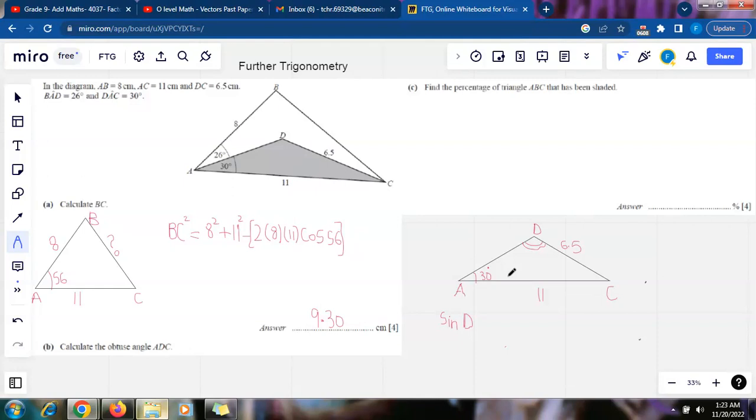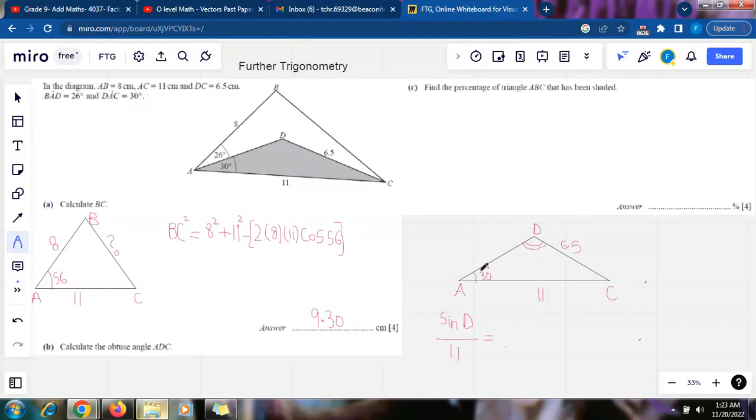So I will start off with the formula. The formula says that if you have to find out the angle, you will keep the angle in the numerator. So since we have to find the value of angle D, I will write sine D in the numerator, and in the denominator the side which is opposite to this angle, that is 11. Then comes the equals to sign, and now I have to pick one pair whose opposite side and angle is given.